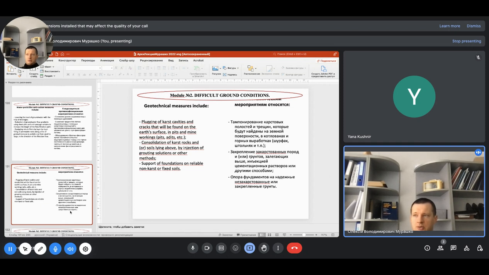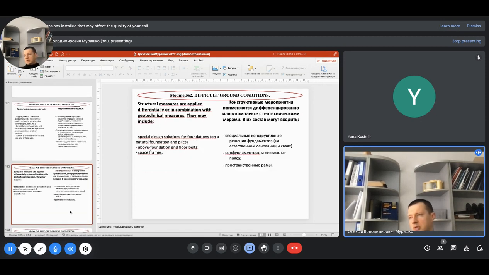Also, we can use methods of consolidation of those karst rocks, and support a foundation on reliable non-karst fixed soils. In this case, we can use piles which come through those underground sinkholes and which rest on reliable solid soils. So we use piles that come through those karst or suffusion sinkholes.